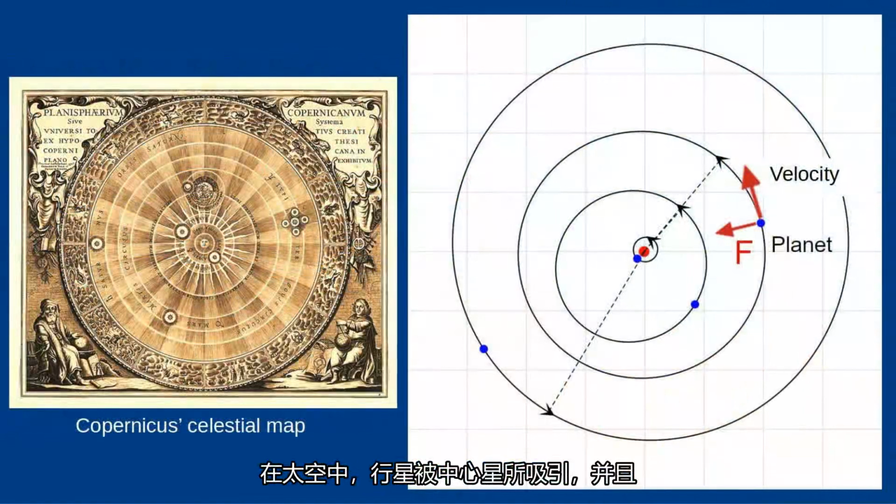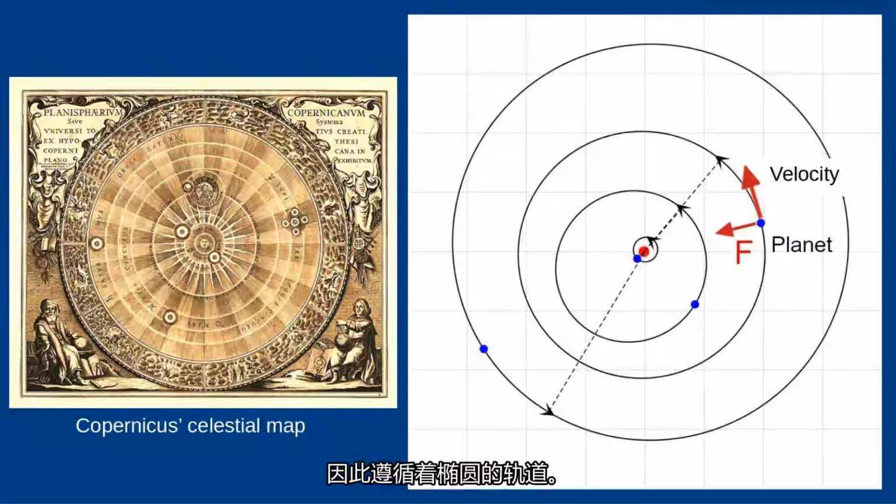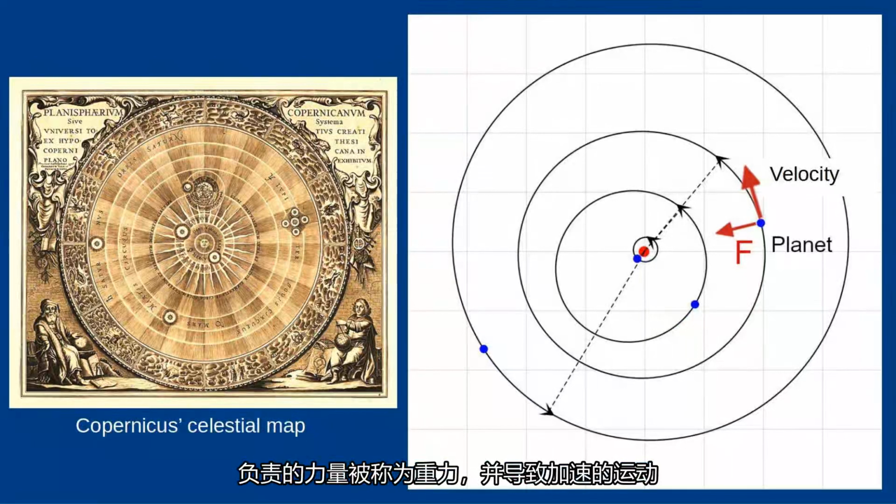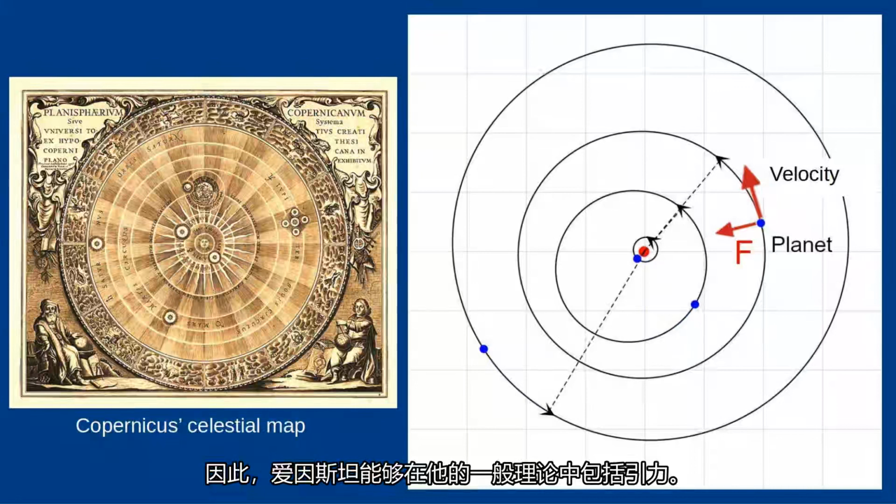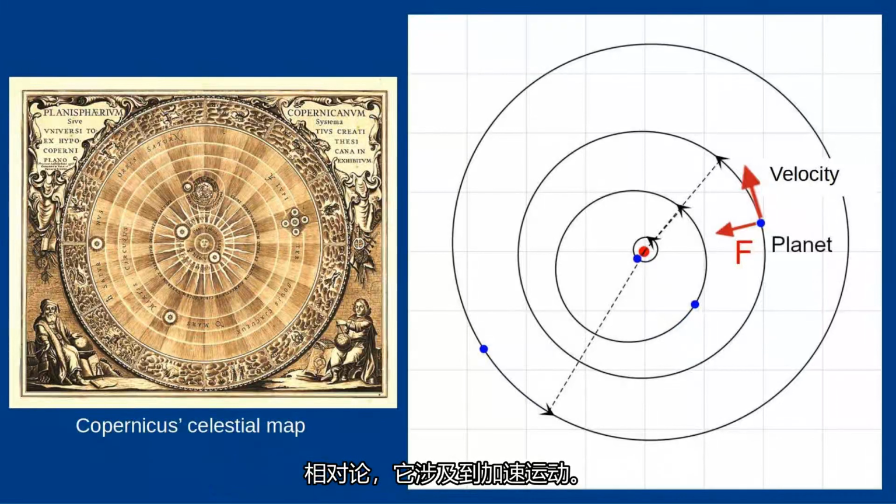In space, the planets are attracted by the central star and therefore follow elliptical orbits. The force responsible is called gravity and causes an accelerated movement that is directed towards the central star. Einstein was therefore able to include gravitation in his general theory of relativity, which deals with accelerated movements.